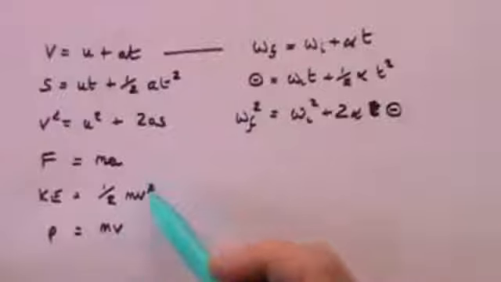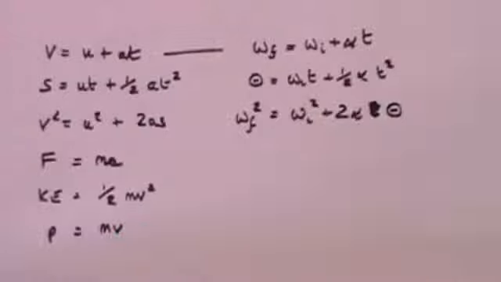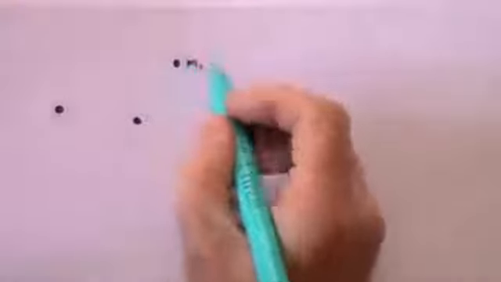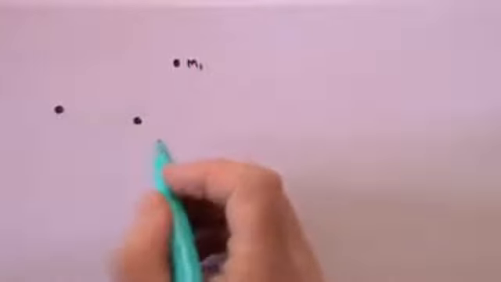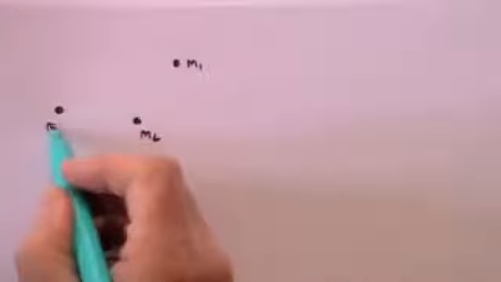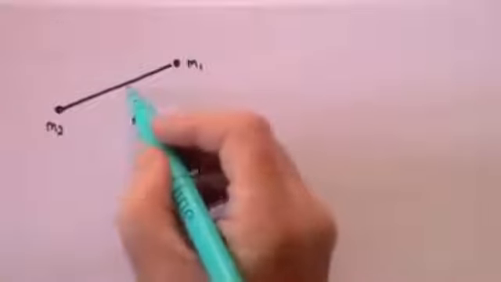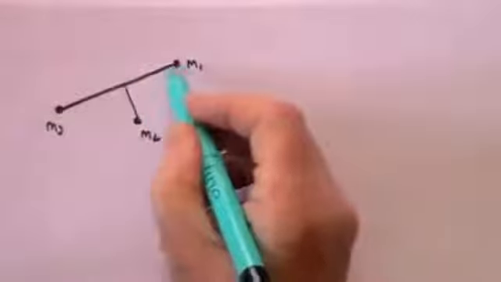We will now go on to show what the equivalent in rotating systems exists for these 3 terms. First, I want to think about kinetic energy in rotating systems. I've got a system which consists of 3 masses, m1, m2 and m3, and they are going to be connected by massless steel rods.